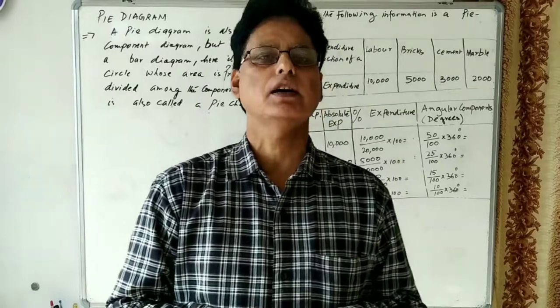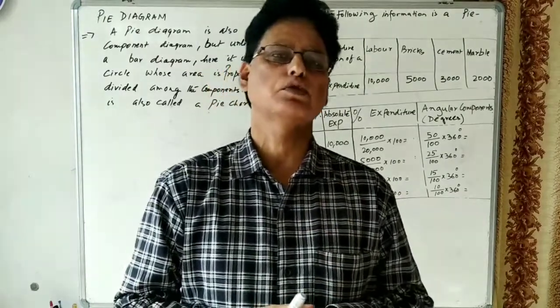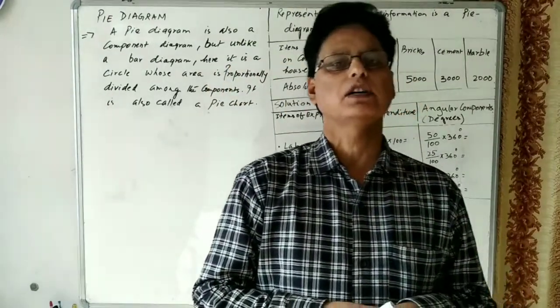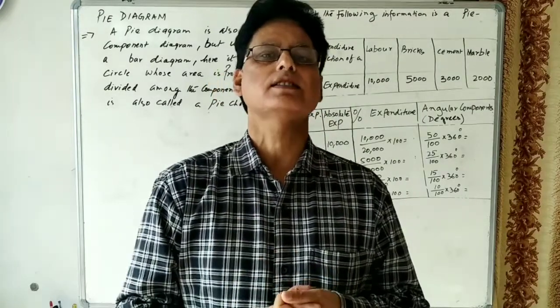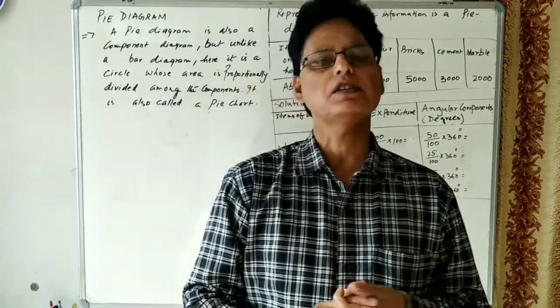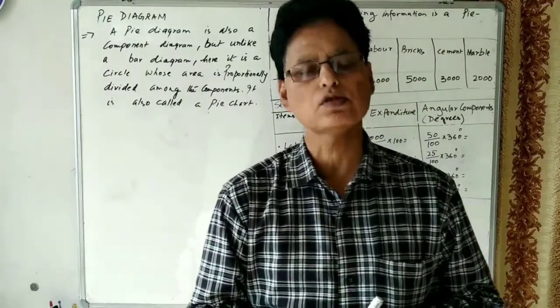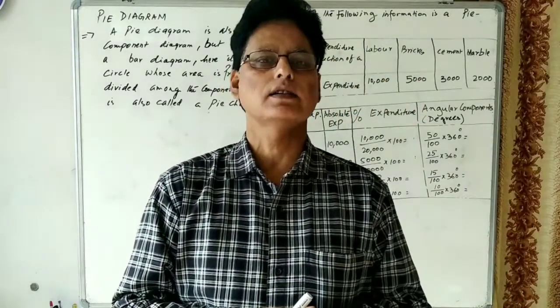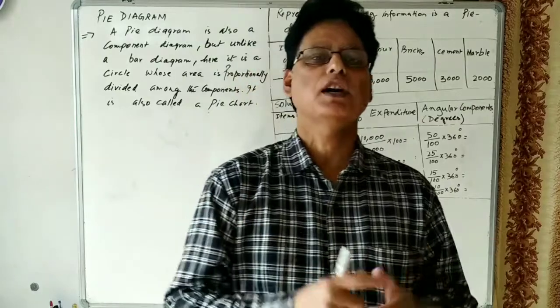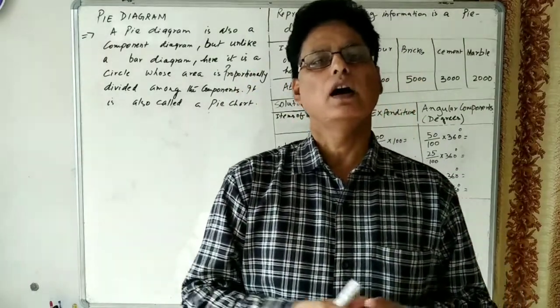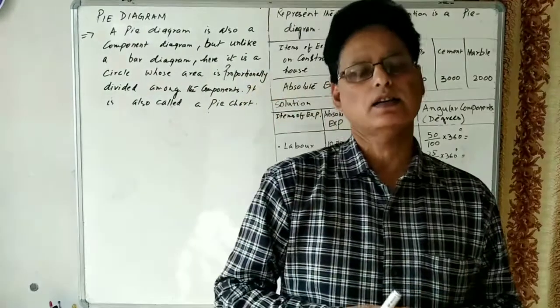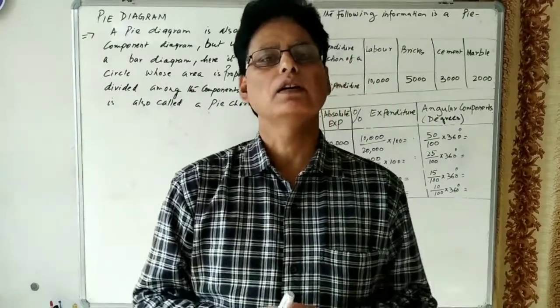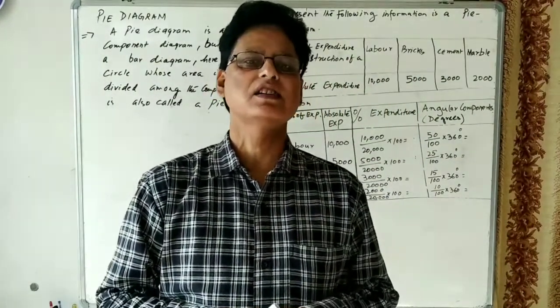In the geometric diagram, there are two types of diagrams. One is called bar diagram, another one is called pie diagram. So today we'll discuss pie diagram. Pie diagram is also known as the pie chart, or a circle diagram. You all know that a circle has 360 degrees.